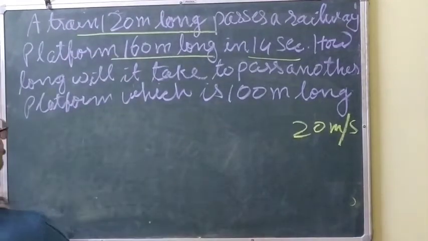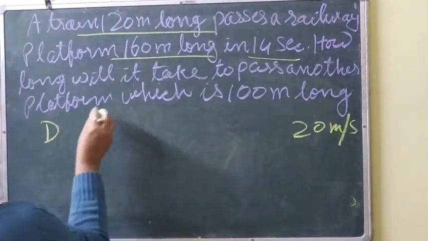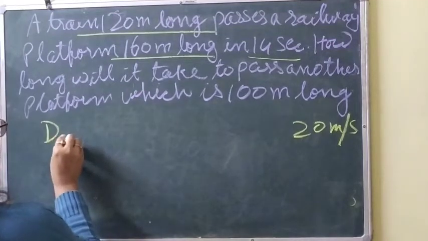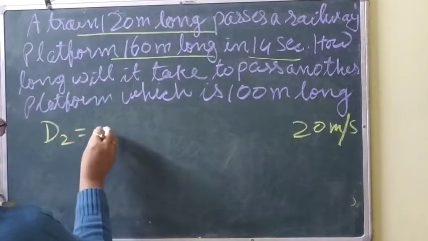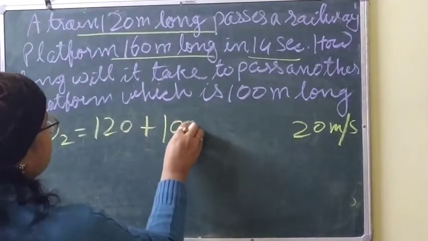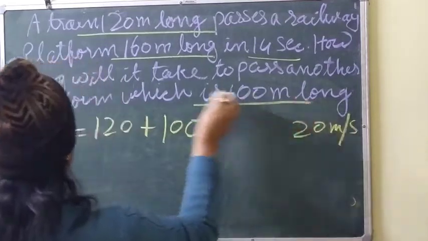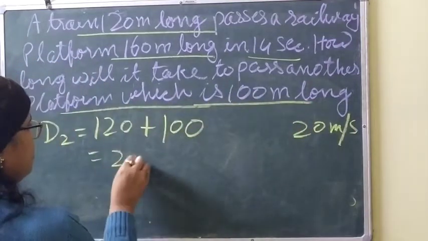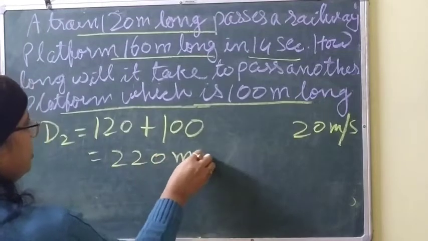Now, so again distance of another one. Clear? So distance will be what? Total distance will be, means D2 I am writing here. So 120 plus 100. Because this time the length of the platform is what? 100. So total distance will be 220 meter.